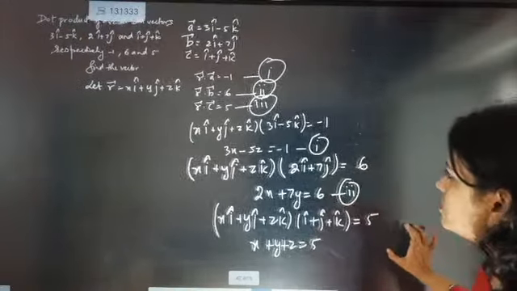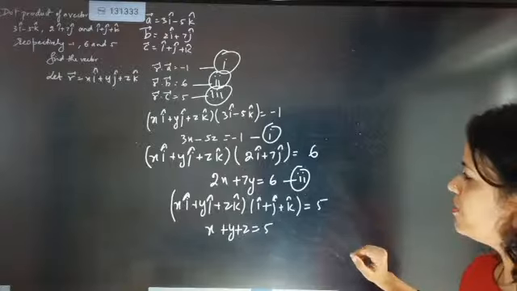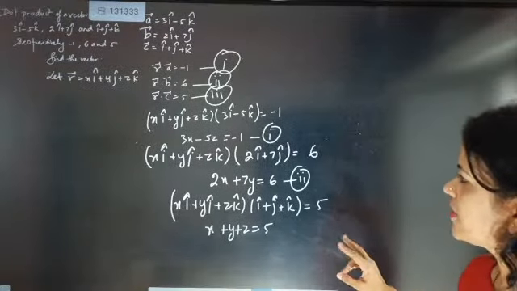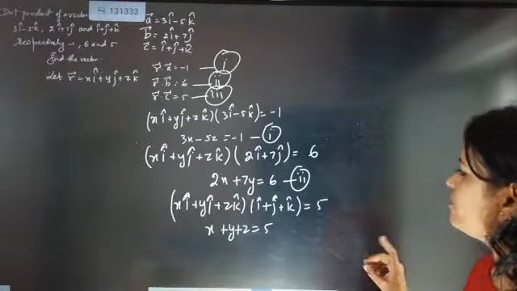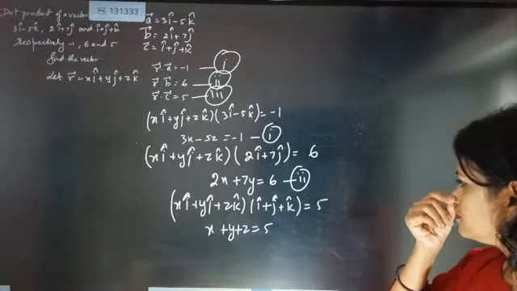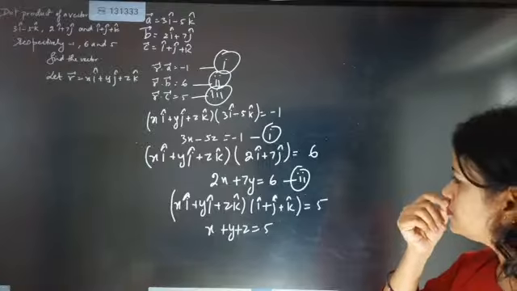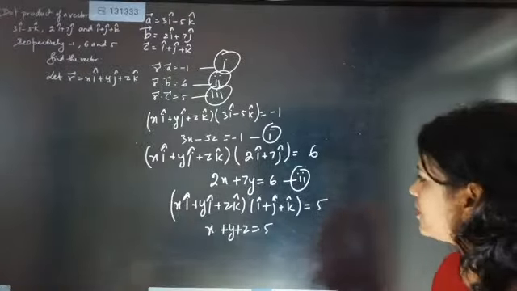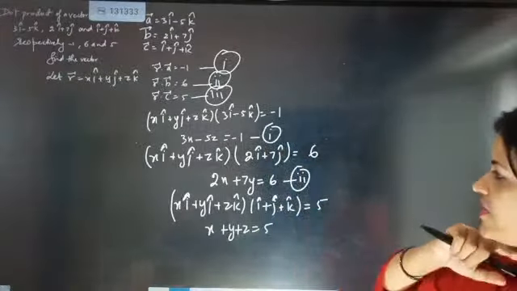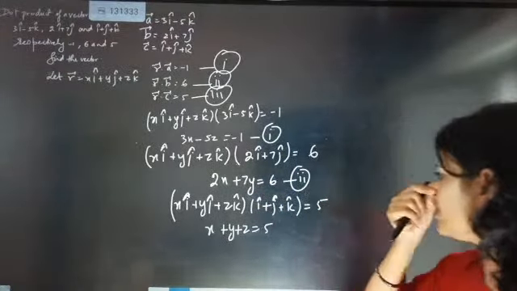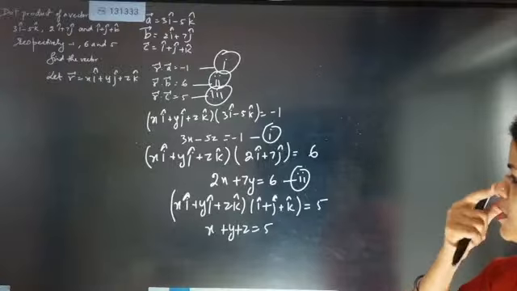Now I am going to 3 plus 3, 6x plus 7y minus 5z equal to 5. Now x plus y, I am getting two equations. This is 3x minus 5z, this is 2x plus 7y. So why can't I do one thing?